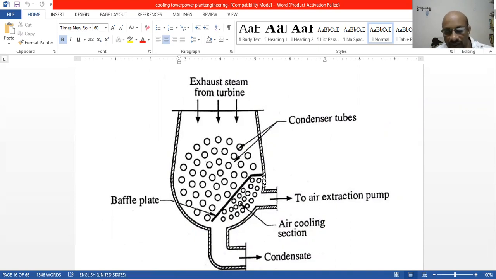Here we are separating the steam and separating the air.